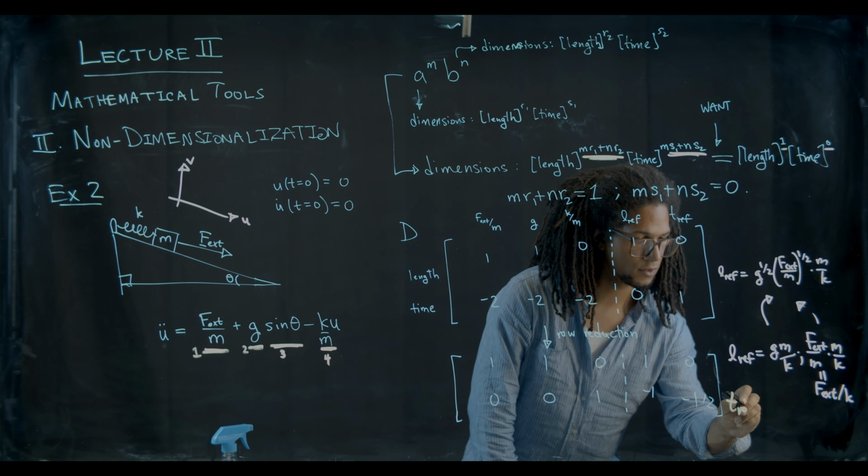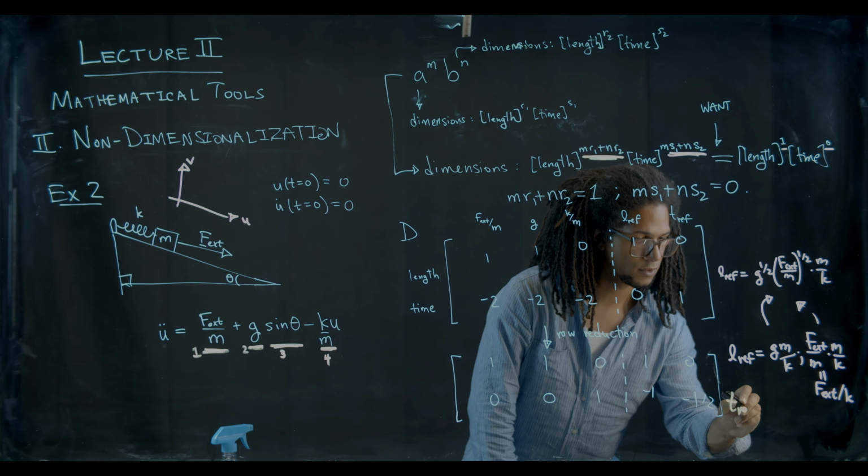Great. All right. Now let me erase the board, clean it up, and we'll talk about all the possibilities for this dimension matrix D. Now it seems from what I just did like finding this dimension matrix D, augmenting it, then row reducing it, is just a really long and cumbersome way of finding the reference quantities that we could just find by hand.